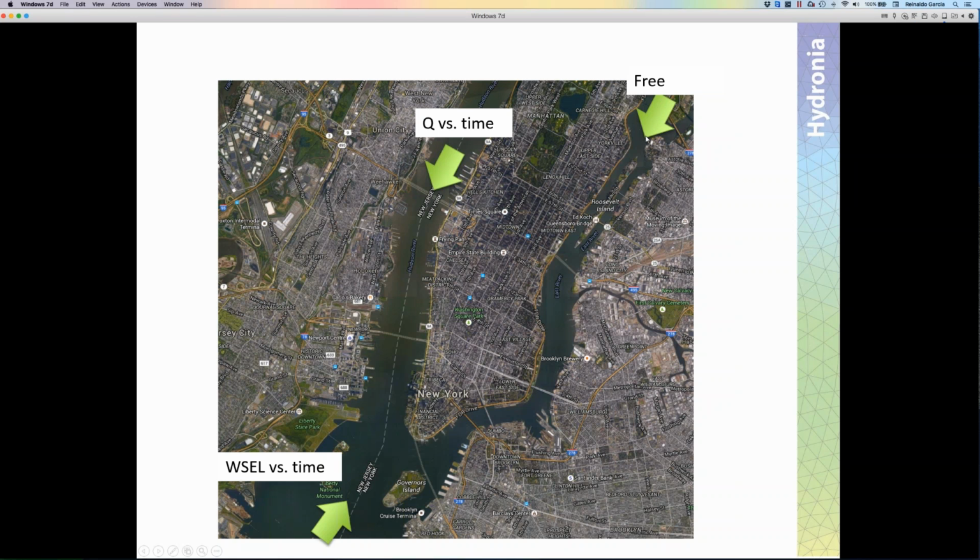You may have a free condition in what is called the East River here, and you normally will have a water surface elevation versus time in this boundary here that, as I said, can be an inflow boundary or outflow boundary depending on the dynamics of the flow inside.